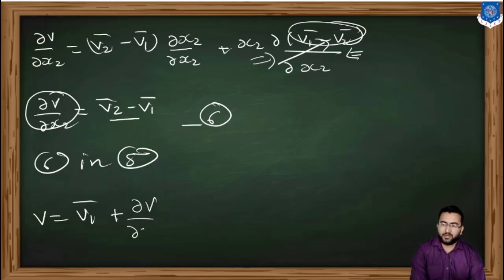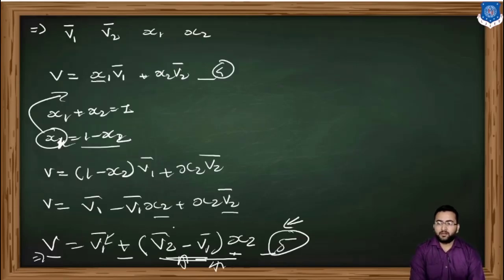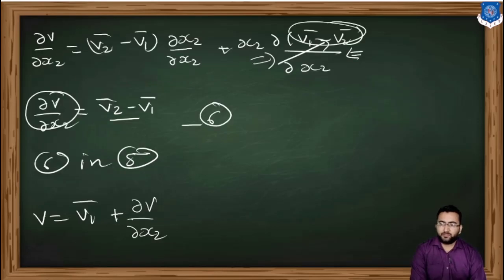So we can say that V is equal to V1 bar plus (del V upon del x2) into x2.